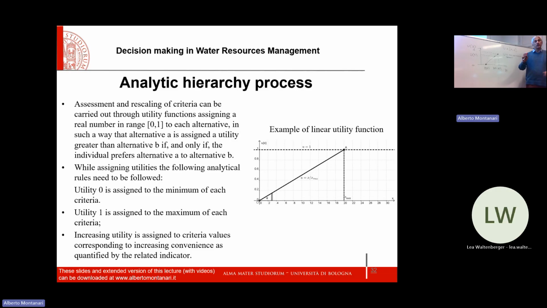You first identify the solution with the lowest environmental impact, and this is utility 1. You identify the solution with the highest environmental impact, utility 0.